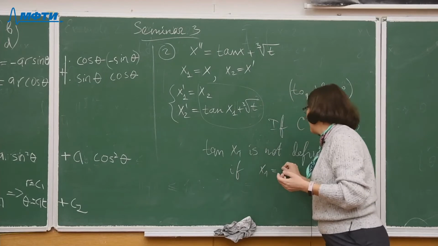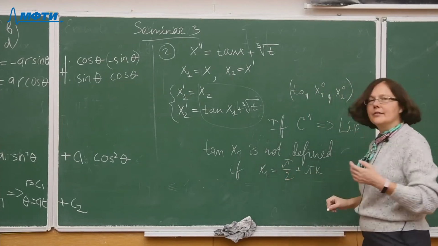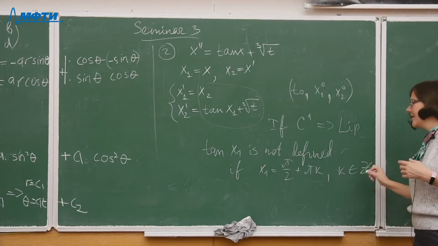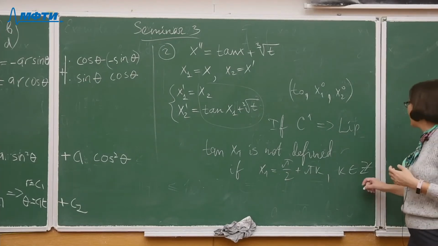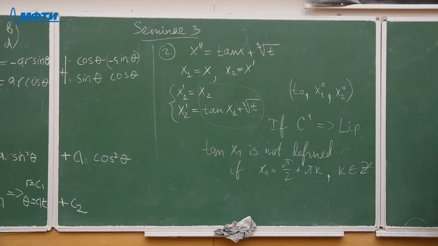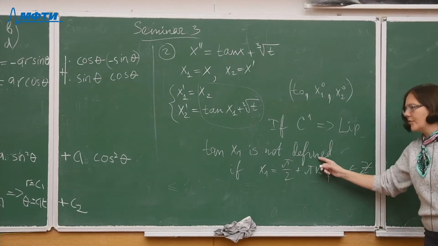So tan x1 is not defined if x1 equals pi half plus pi k, where k is an integer number, right? So x10 can't be of this form.